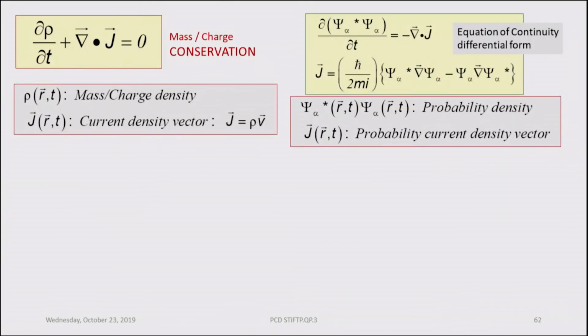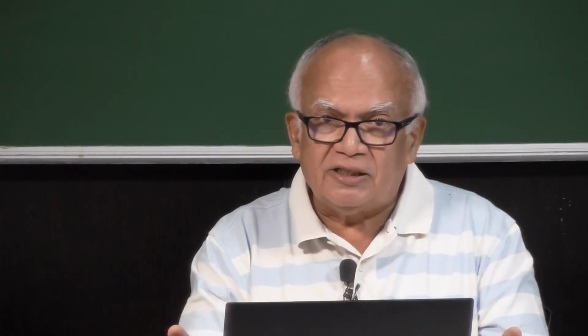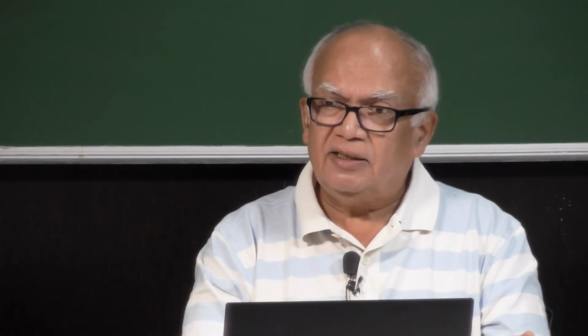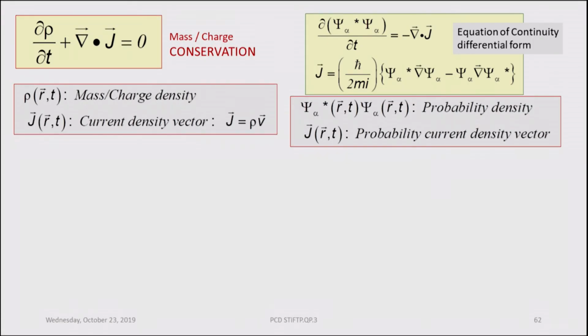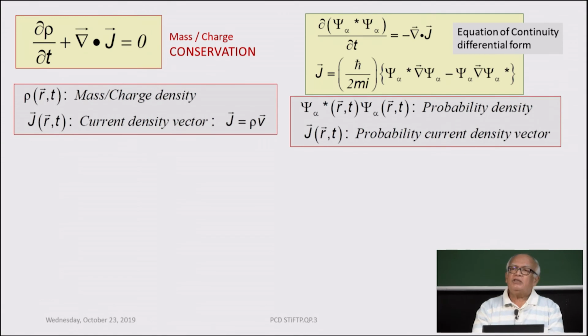In fact, it is responsible for some extraordinary quantum effects. This result, just because it is similar to classical mechanics, is not wrong, it is very correct. Not only that it is correct, it is able to explain many quantum phenomena for which there is absolutely no classical analog.